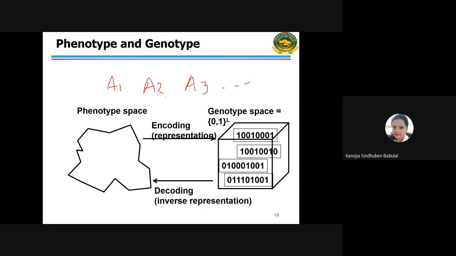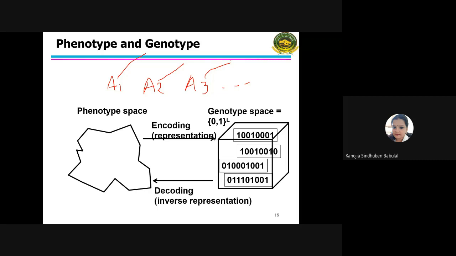So a1, a2, a3 up to an are the design parameters. These are the parameters on which this objective function is to be built. So a1 is your first parameter, a2 is your second parameter, a3 is your third parameter, and so on.